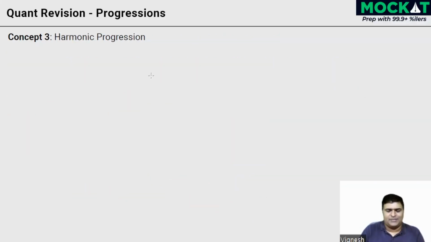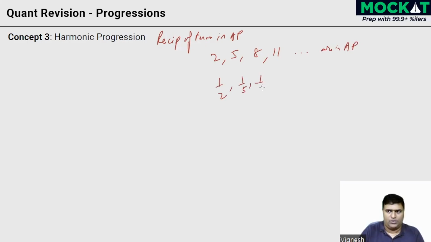So the next concept is that of harmonic progression, right? So what's a harmonic progression? It's simply the reciprocal of terms in AP, meaning if 2, 5, 8, 11, etc. are in AP, correct? Then 1 by 2, 1 by 5, 1 by 8, 1 by 11 are in HP, harmonic progression.